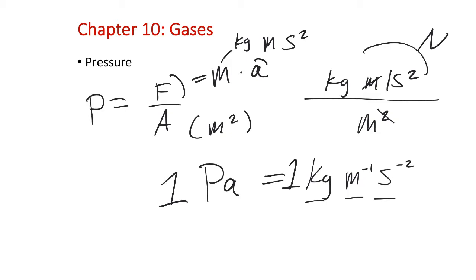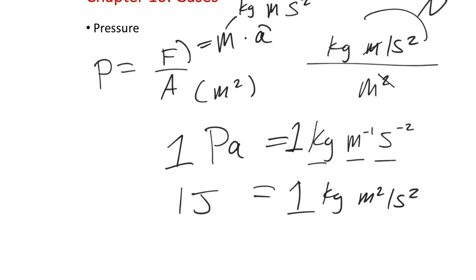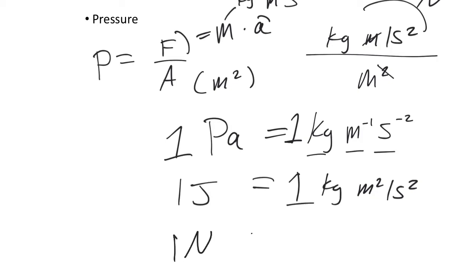Now we might recall that our joule is defined in a similar way as 1 kilogram meter squared per second squared, and lastly the Newton, more for physics here, is equal to 1 kilogram meter per second squared. You could write per second squared or second to the minus 2 in this way here.